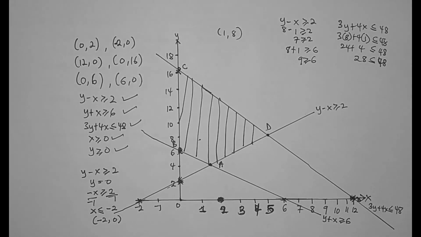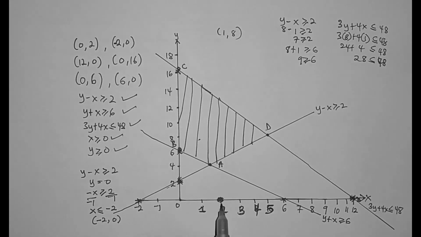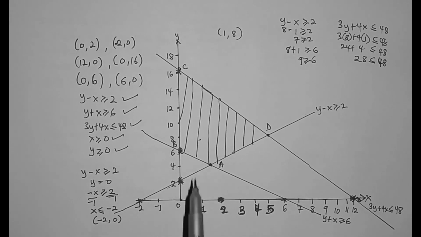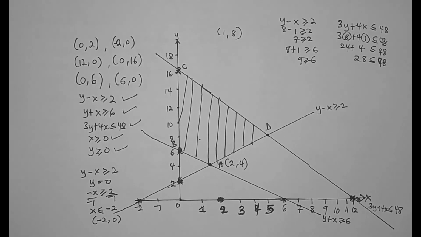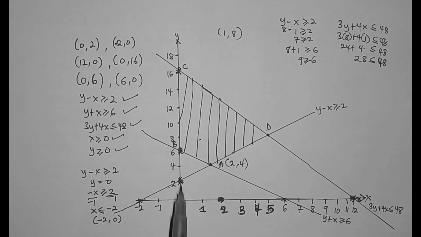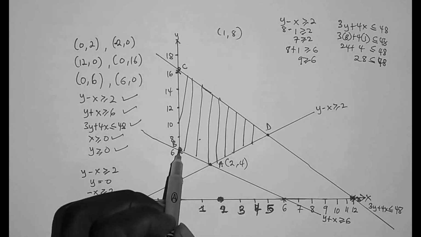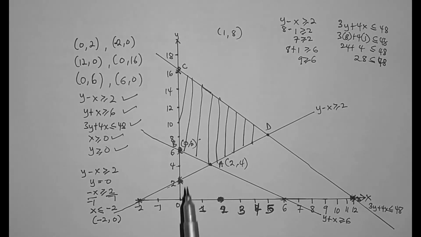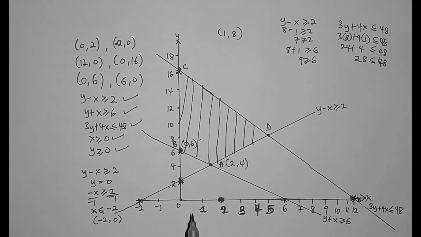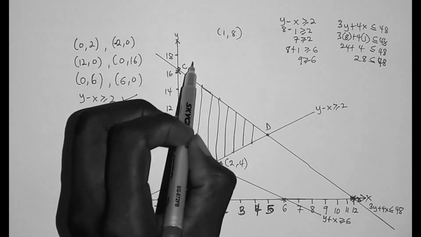Now if you do it on a graph, you find that a is somewhere at 2 and 4. So a is 2, 4. Then b is 0, 6. Then what about c? C is 0, 16.